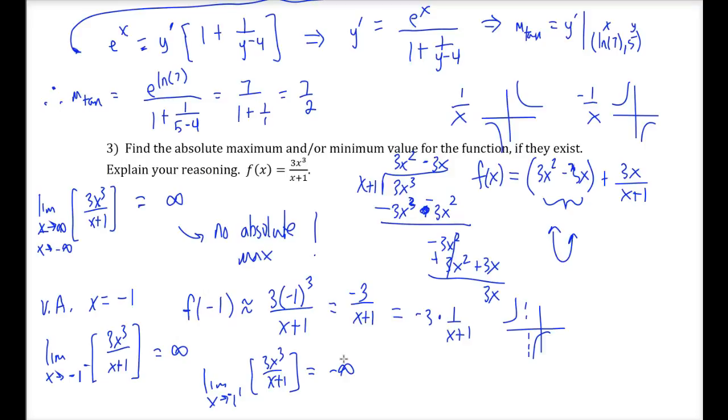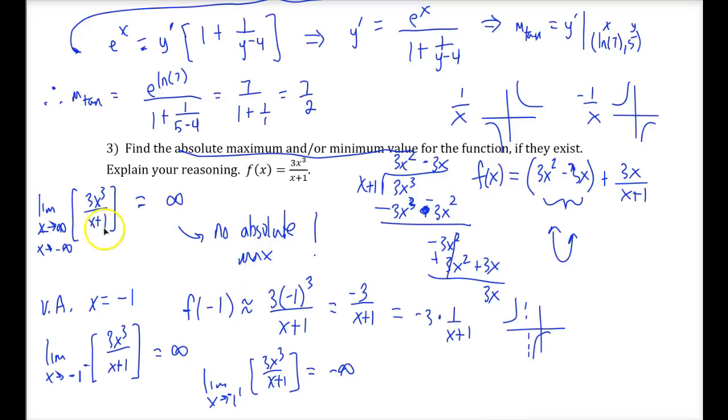And so what we're seeing here is that even though we will have some type of local minimum, or in this case, yeah, we will have a local minimum and or local maximum, we're not going to have an absolute one, okay? And the reason is we have a vertical asymptote here, so the graph keeps on going up to positive infinity, down to -infinity at x equals -1.